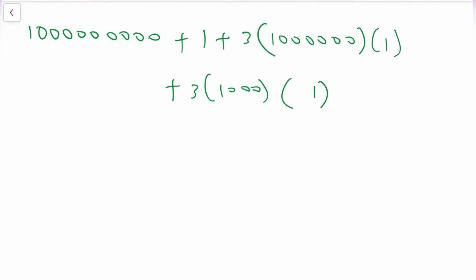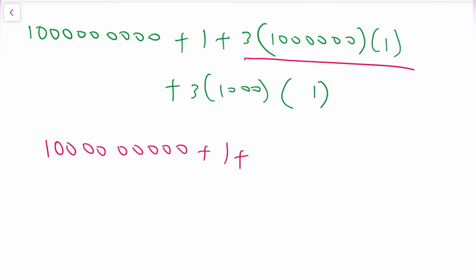So we need to add all these things. So first term as it is plus 1 plus 3 into this total number. So 3 as it is, 6 zeros are there, plus 3 into 1000, 3000. So let us add all this.